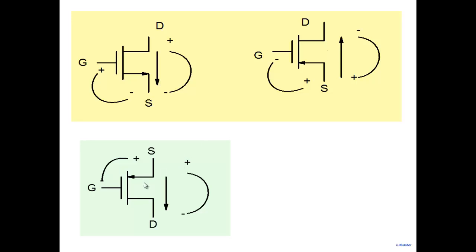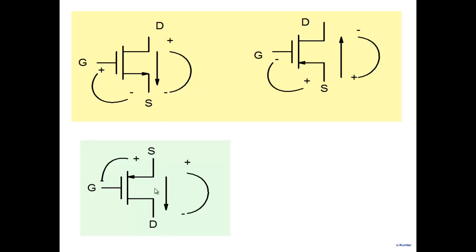So if we redraw it in this manner, note that now current is flowing from source to drain, which is fine. And instead of saying gate to source is positive, you can now talk about source to gate being positive. Instead of saying drain to source is positive, we say source to drain is positive. And instead of saying current is flowing from drain to source, we say it's flowing from source to drain.